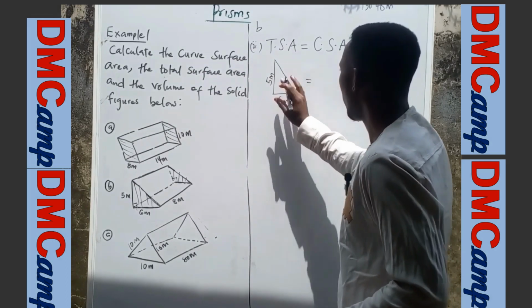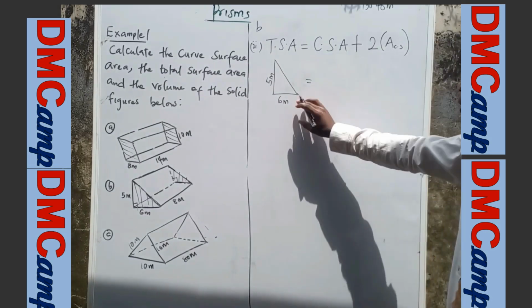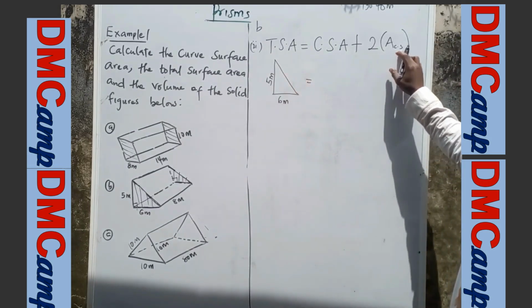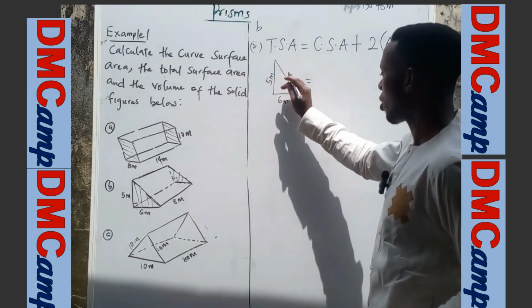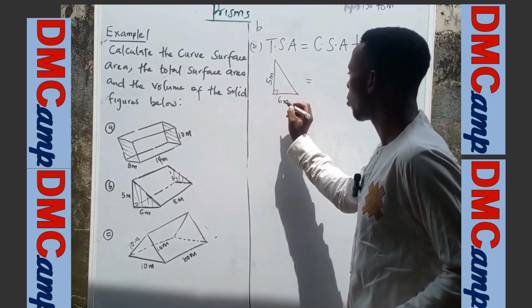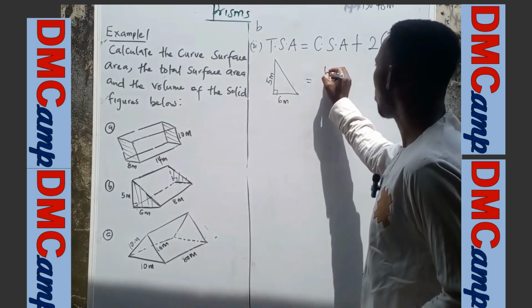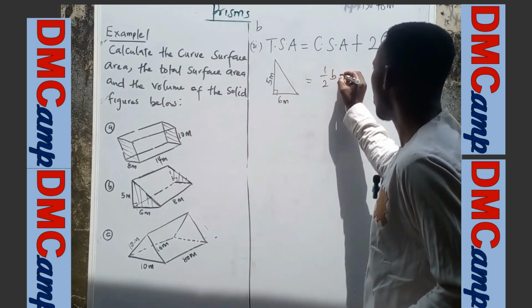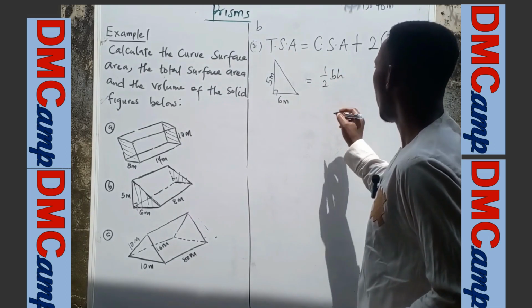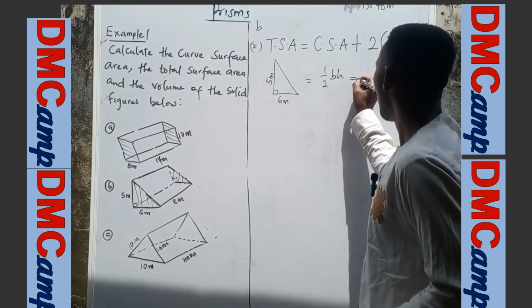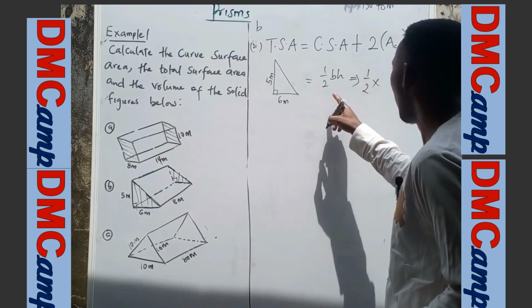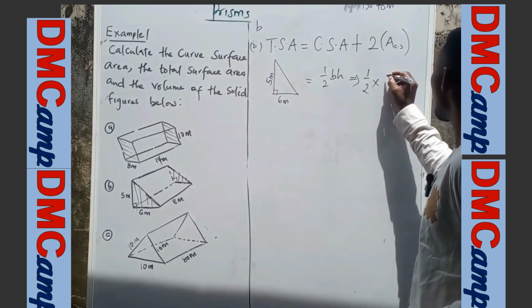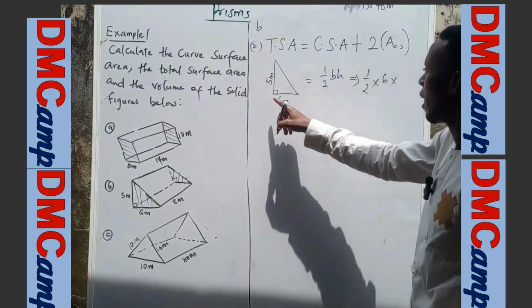So I'm going to calculate the area of one of this, and I will now multiply it by 2. Now, this is a right angle triangle. To get the area of this is simply half of its base multiplied by the height. So here I'm going to have half multiplied by the base. The base is 6. Then multiplied by the height.